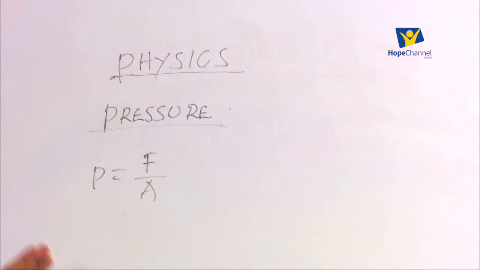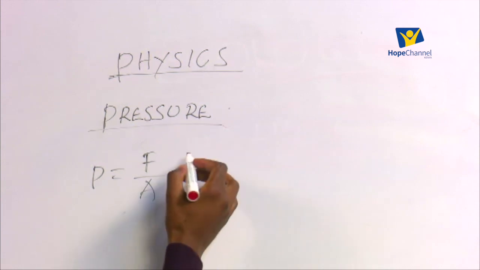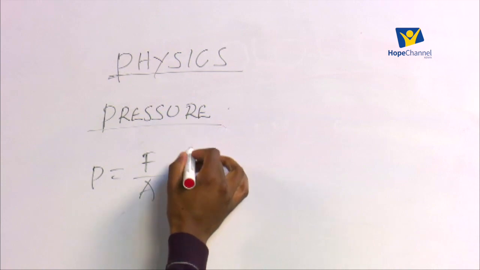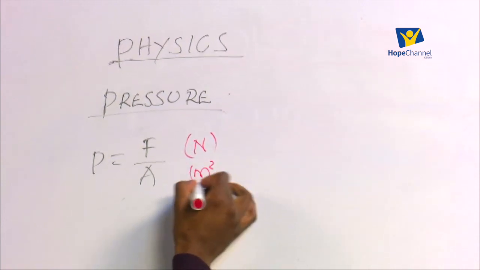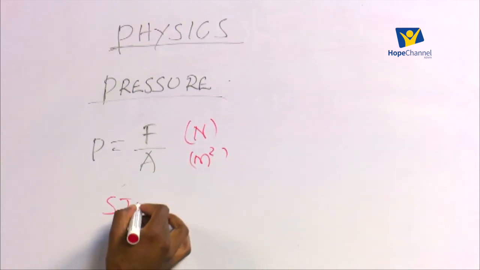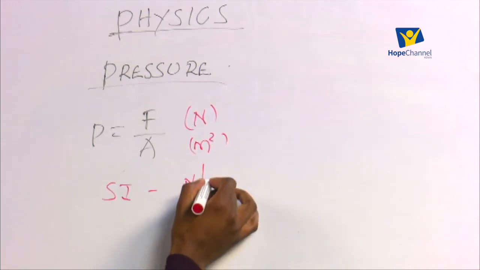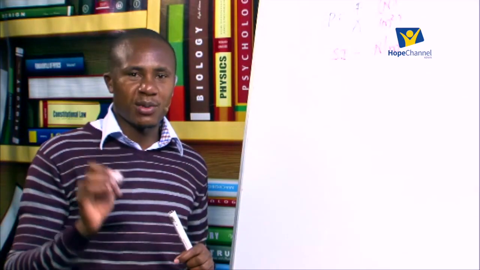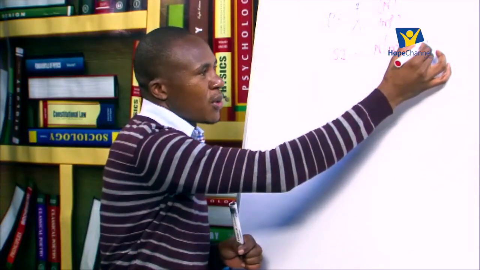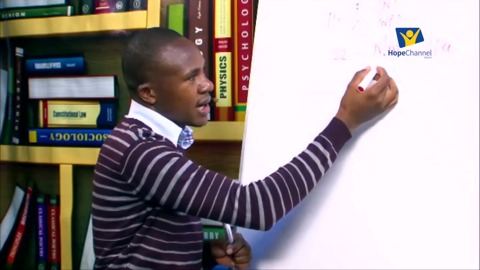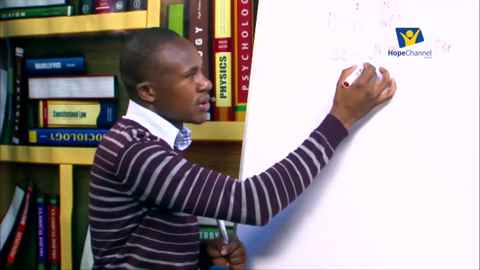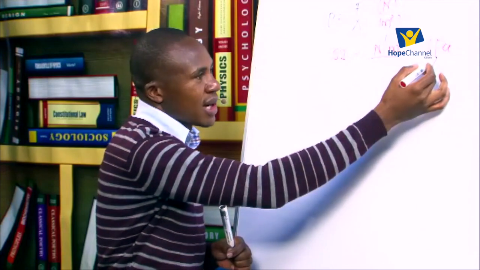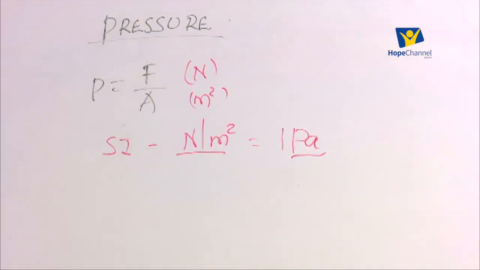Because the force is measured in newtons and the area is measured in square meters, the SI unit of pressure is a newton per square meter. And of course we mentioned that 1 newton per square meter is equivalent to 1 Pascal. So the SI unit of pressure is newtons per square meter, or at times we can say pascals as the units for measuring the pressure. So that is what we were discussing in our previous lesson.